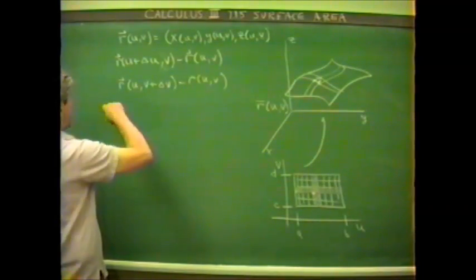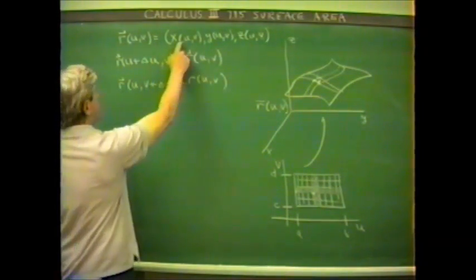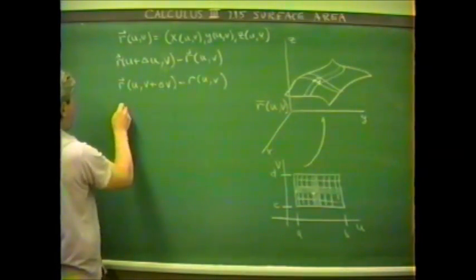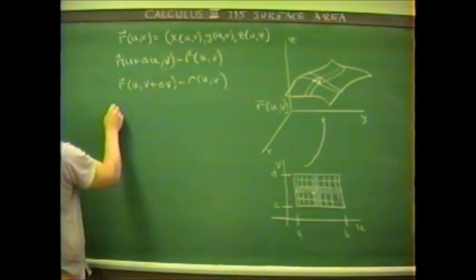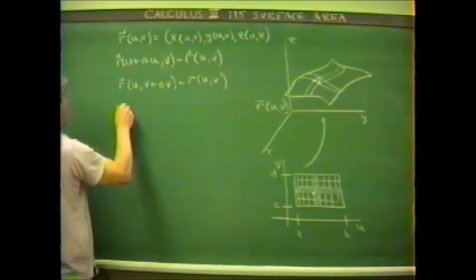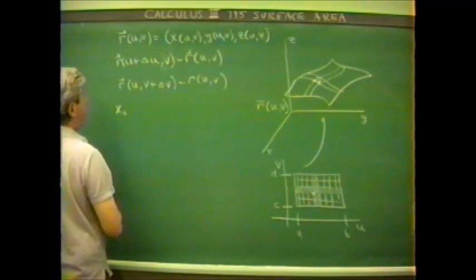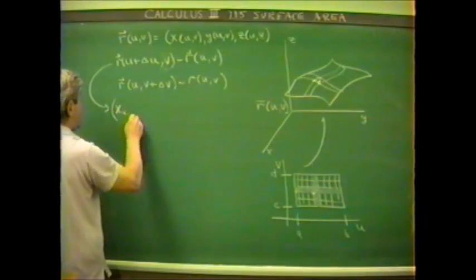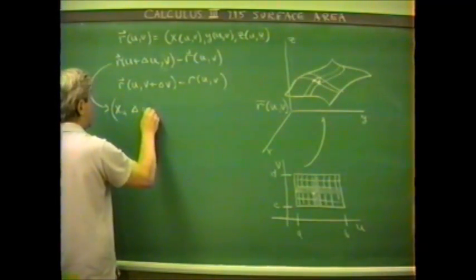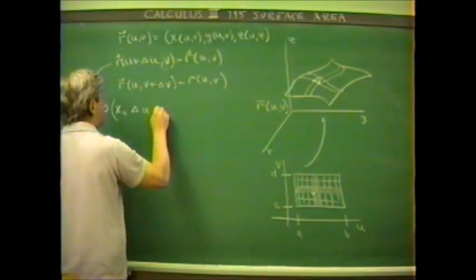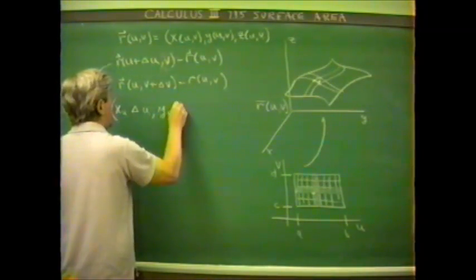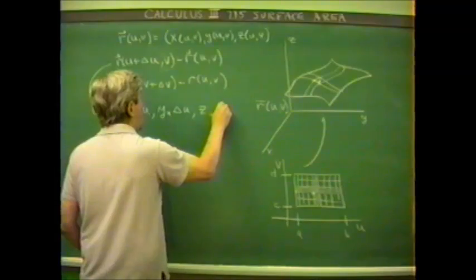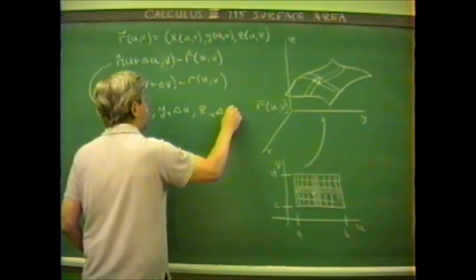All right? That's to say, if you consider this in terms of x, y, and z, this first vector is approximately equal to partial of x with respect to u, delta u, partial of y with respect to u, delta u, partial of z with respect to u, delta u.